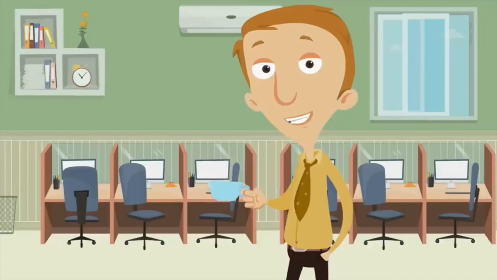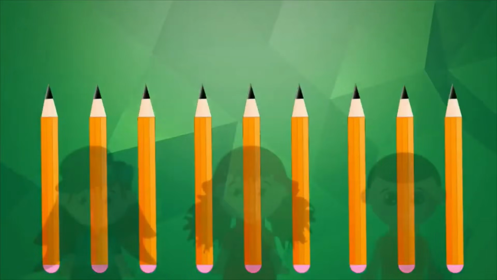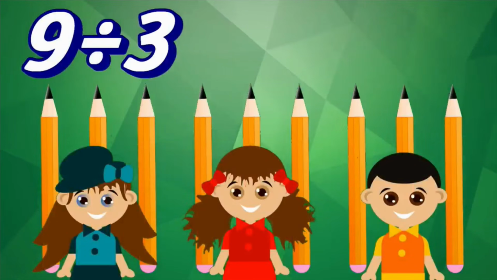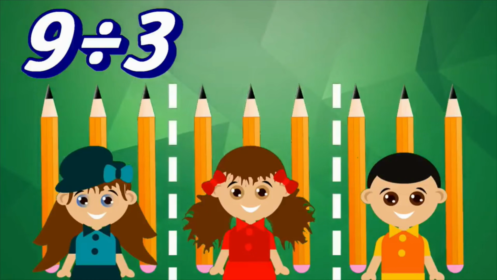All right, next, let's practice division with school supplies. Let's say there are 9 brand new pencils that 3 students are going to split. 9 divided by 3. We're dividing the 9 pencils between the 3 students so that the students each get the same number of pencils.